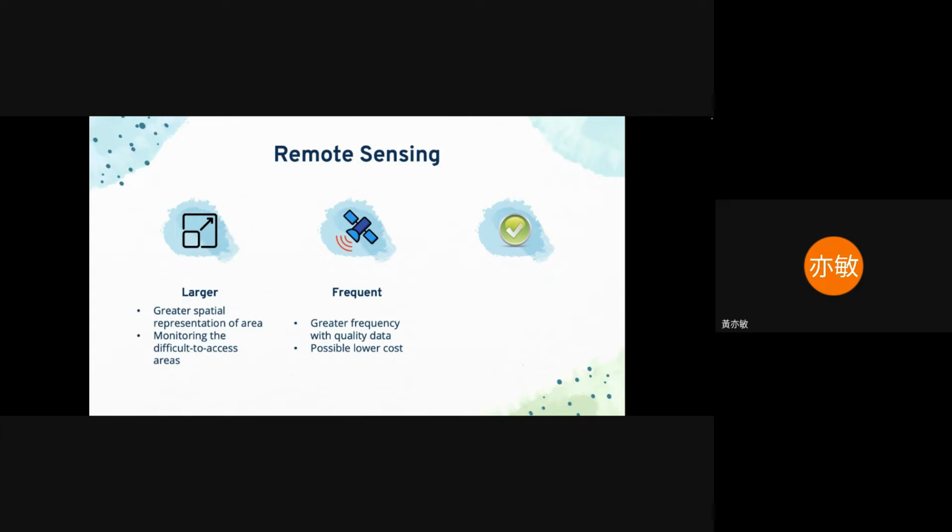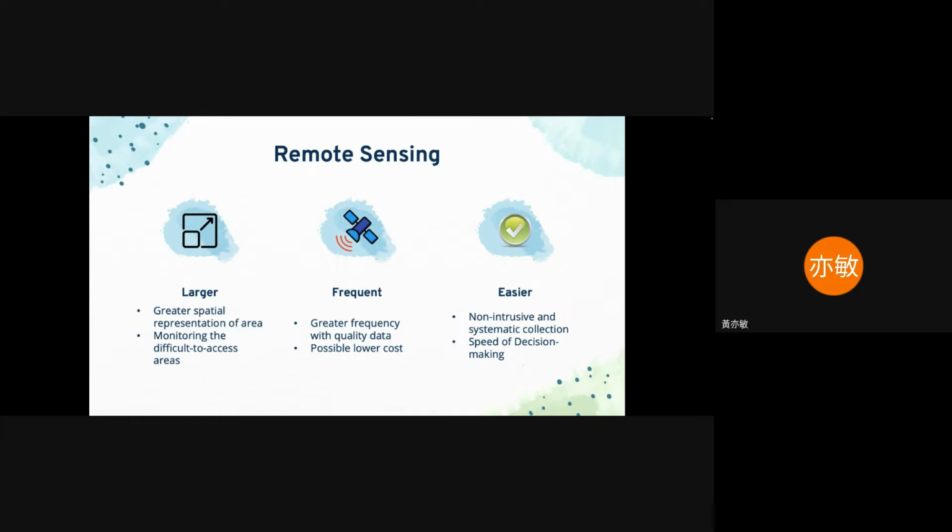So with the satellites today, we have hundreds of satellites orbiting the Earth every day, every hour, I would say every minute. So you can obtain a high resolution image of the ground surface depending on the schedule you want. So that is a very good tool and source of information to help us understand what's happened around our area.